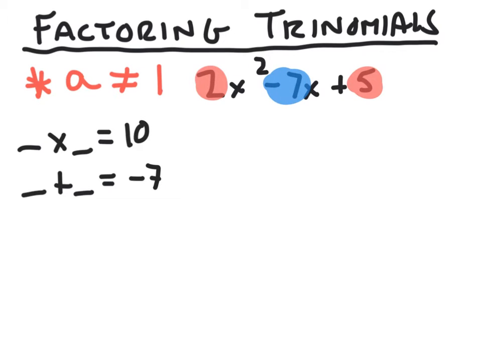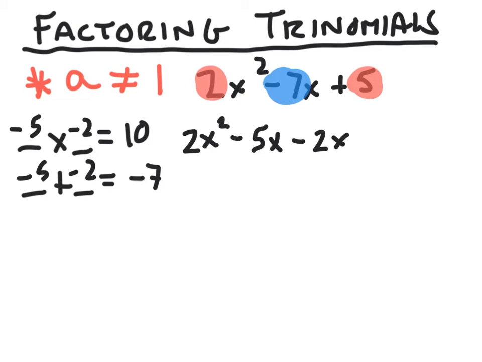So it's got to be a 5 and a 2, and it looks like a -5 and a -2 are going to obtain that. Now what is a little bit different is that instead of just simply finding those as your factors, you're going to split up the middle term into two pieces and then work from there. Do you see what I'm referring to? I'm taking this middle group here. This makes up the -7.